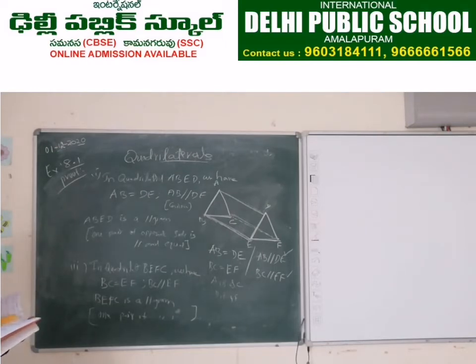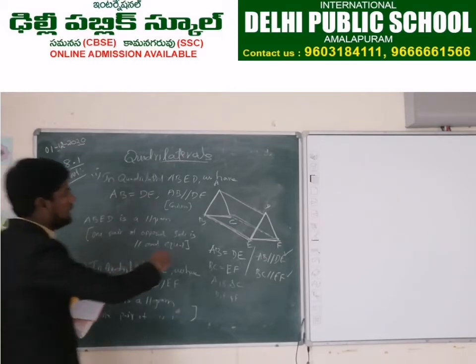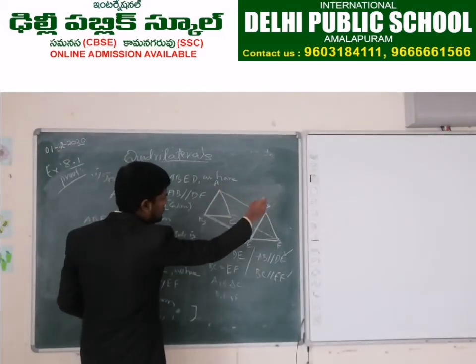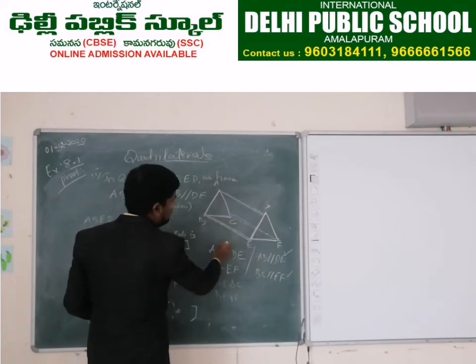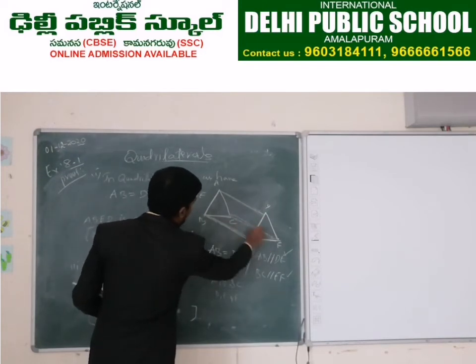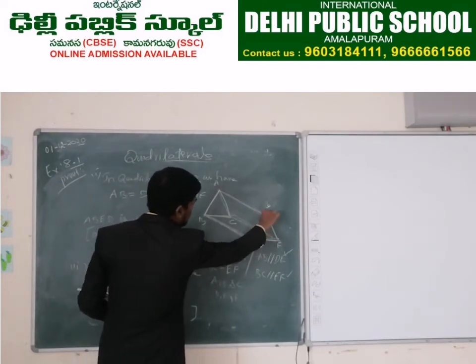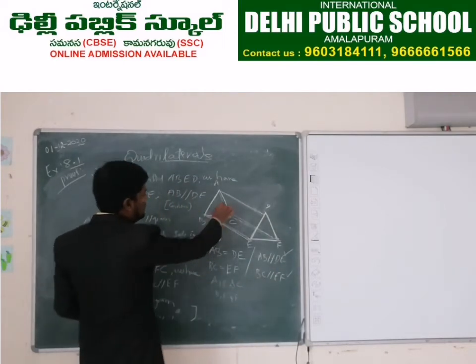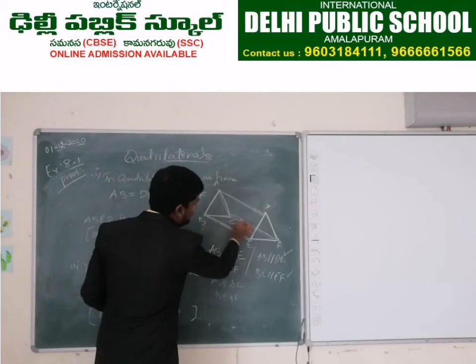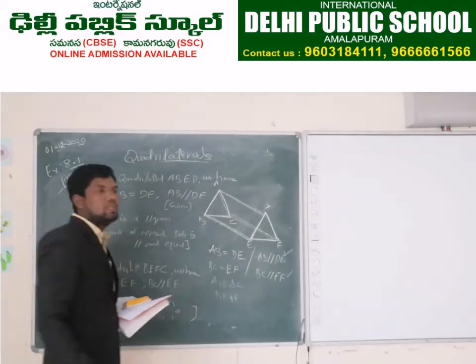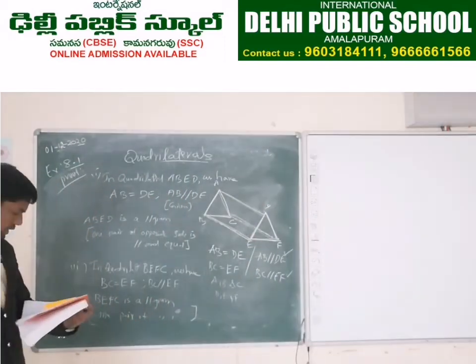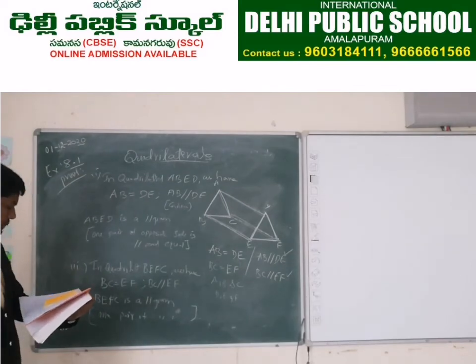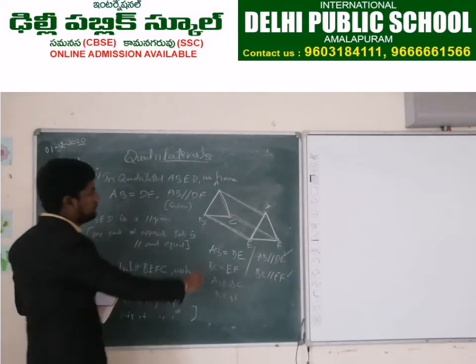AD is parallel to CF. AD, where is AD? Here. AD is parallel to CF. Then AC is equal to DF. Yes, AD is parallel to CF and AD is equal to CF. We have to prove that one, right? So in that, BE is equal to CF already.